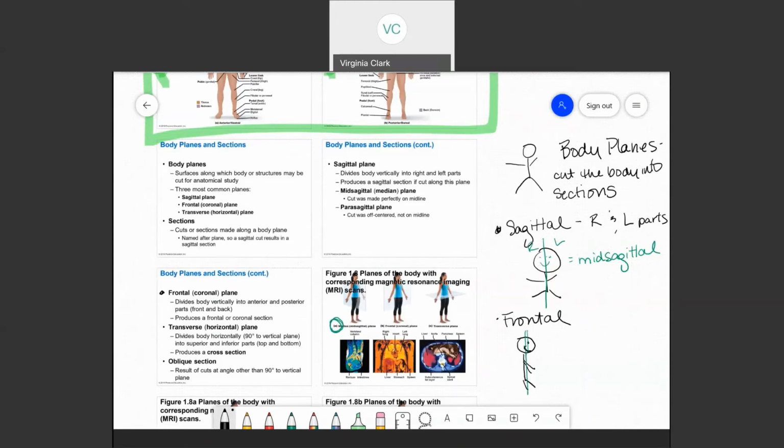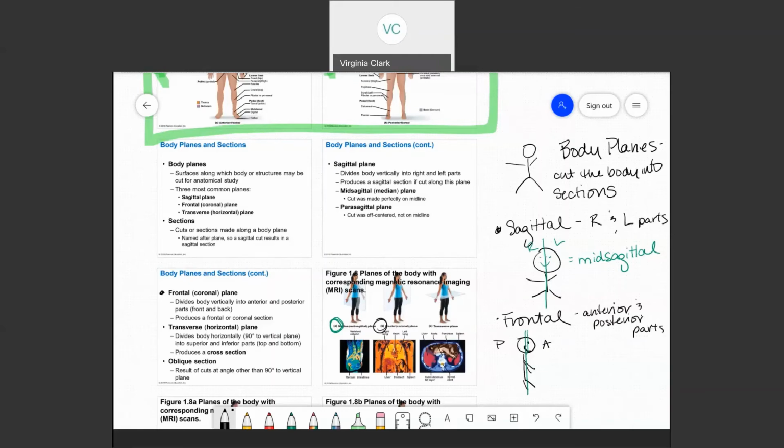So if you were to put on a headband and you were essentially slicing down that headband, you are going from the top of the head down to the ears. You are slicing down the side of the body. What happens with a frontal section is you are going to get an anterior, or a front, and a posterior part. So you're going to get a front, anterior, and a back, a posterior section. So that's a frontal slice. That's this guy right here.